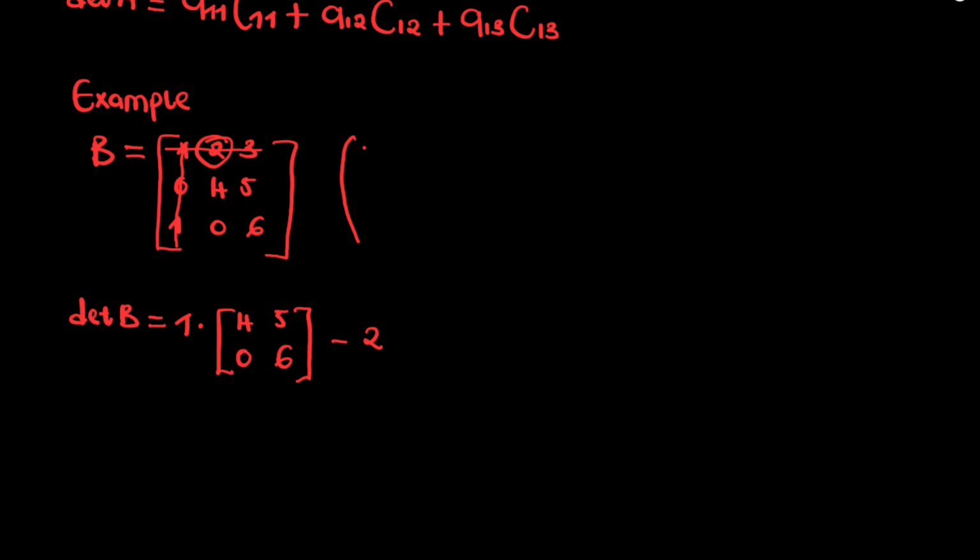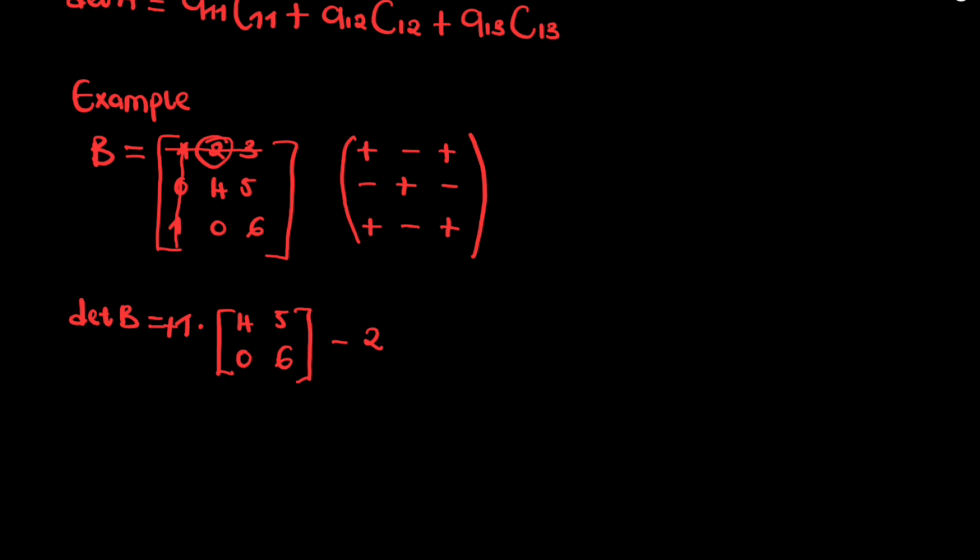This is plus, minus, plus, minus, plus, minus, plus, minus, plus. So this one will have a positive sign, this 2 will be negative, this 3 will be positive. That's why we have minus 2 for a 3 by 3 matrix. So this is positive 1, minus 2, positive 3, and it goes like that. So that is why we have a minus 2 and not a positive 2.